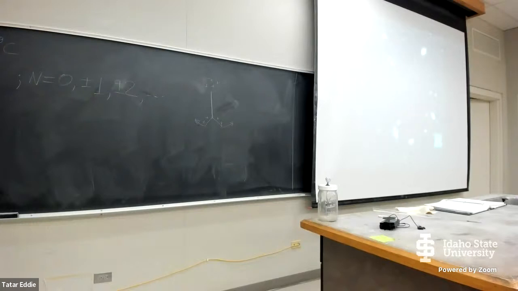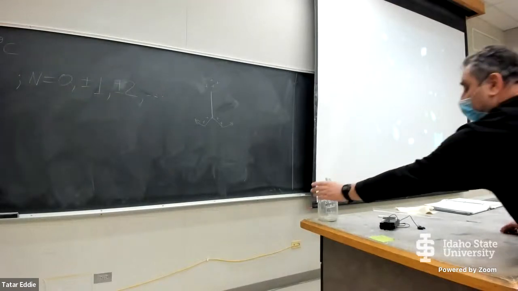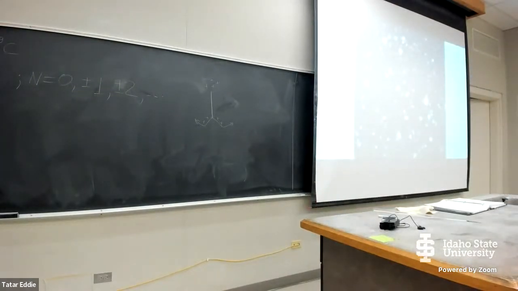If I turn off the generator, this metal sphere is still electrically charged. And I can feel the presence of electric charges just by getting the electroscope close to the charge. If I touch it, I'm going to charge the electroscope completely.